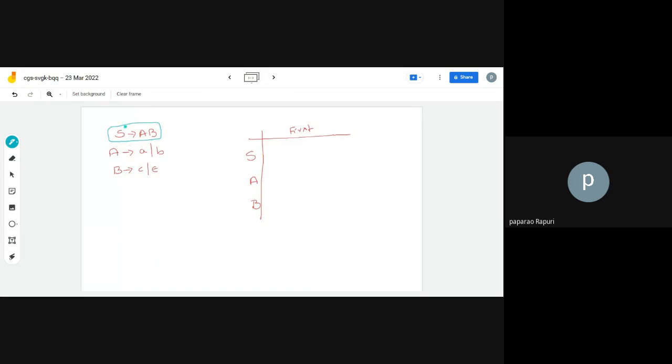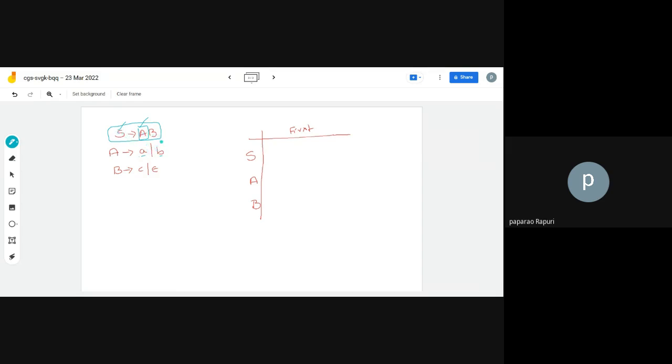A is producing small a, small b, but it is not producing any kind of epsilon. So for that purpose, we are considering the third rule.